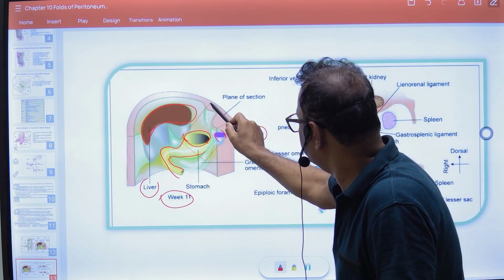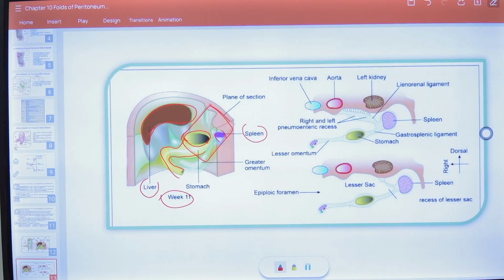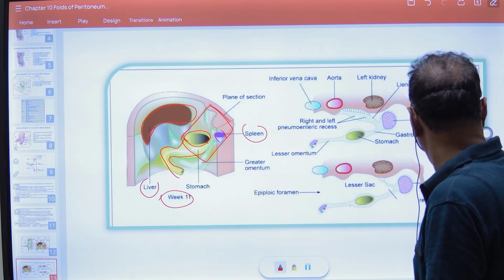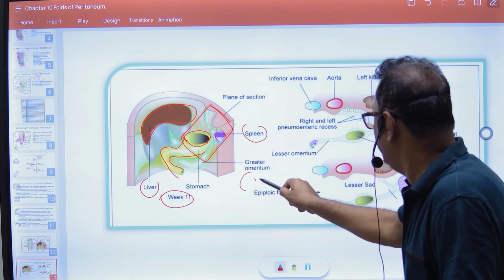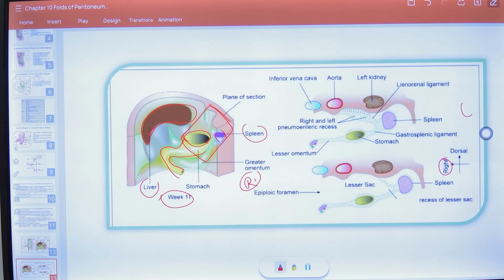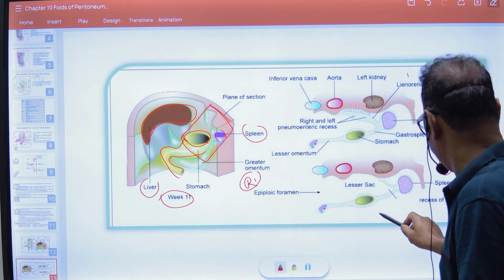If this section is removed, what structures could we see over here? This is the right side, and this is the left side. This is the dorsal region. This is the ventral region.